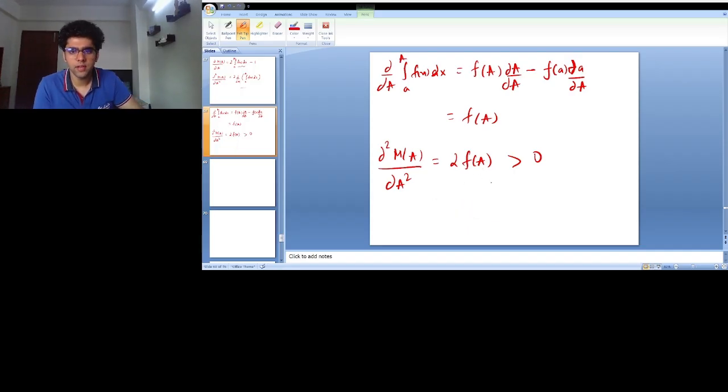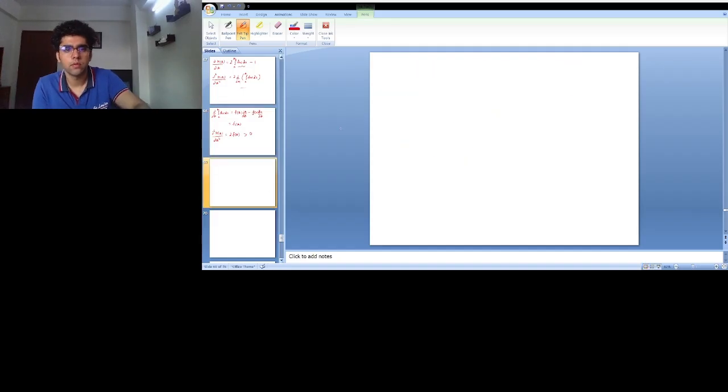So this is 2f(a), this is greater than 0, right? So what we got is del M by del a is equal to 0, and this proved that a is the median.